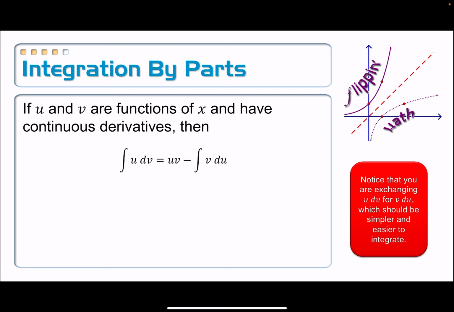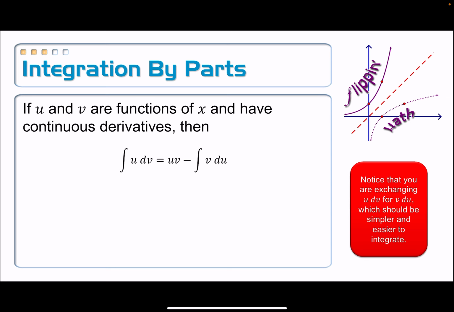Now, of course, none of this is going to be labeled for you. You're not going to know which part is u, and you're not going to know which part is dv. Usually these things are functions of x, or possibly t. Just like with u substitution, you had to get skilled at choosing which part should be your u.